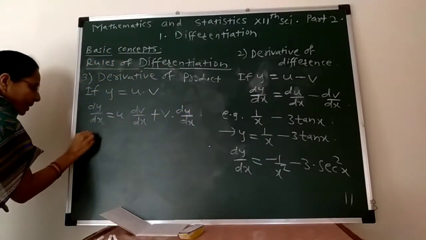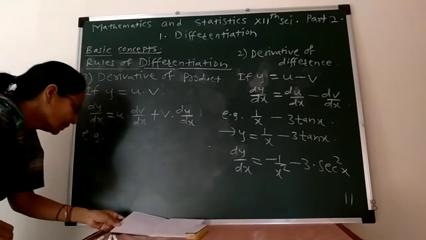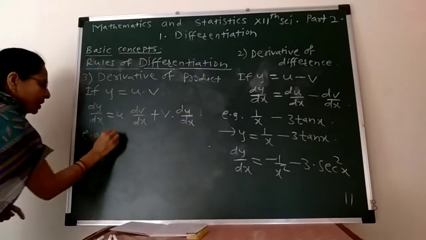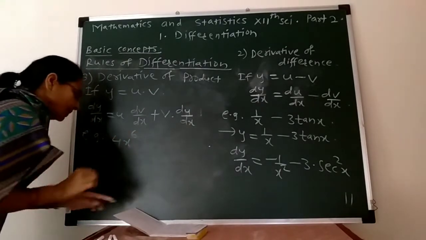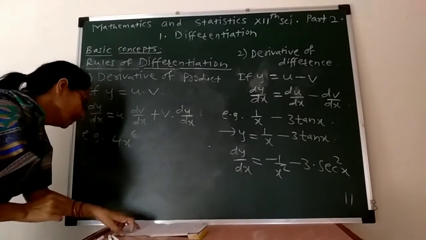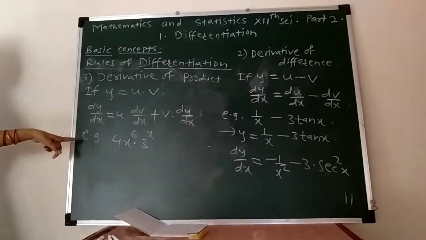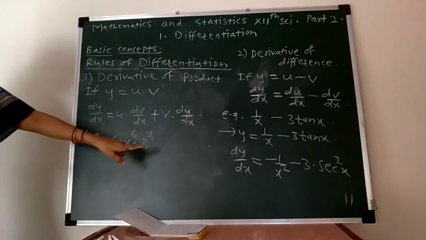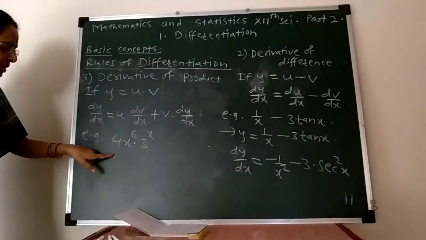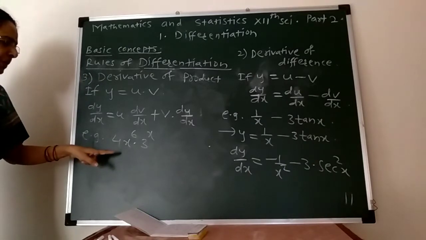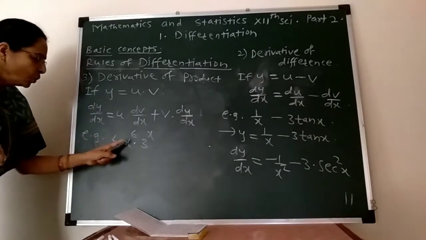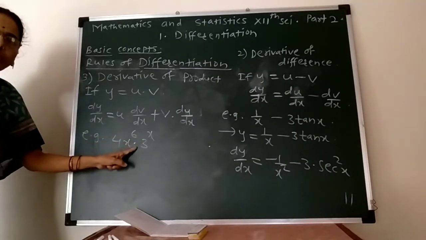For example, if we have to take 4x raised to 6, 3 raised to x, this is the question and we have to find derivative of this function. Now if we see, here there are two functions in the product form.